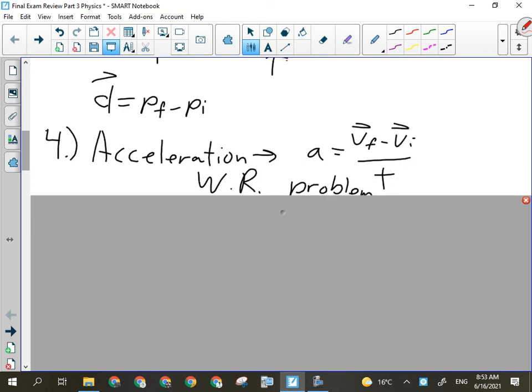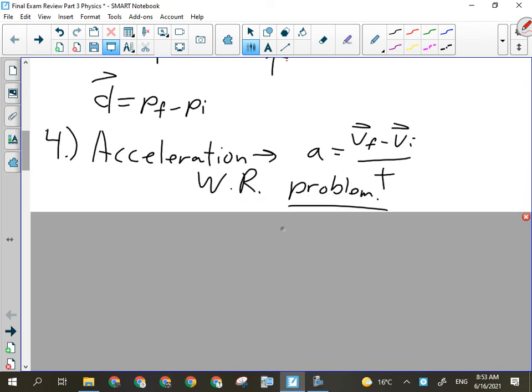Okay, and then acceleration, there is a written response problem. I told you that yesterday, on acceleration. So using a equals vf minus vi over t. Expect you'll probably have to manipulate that.